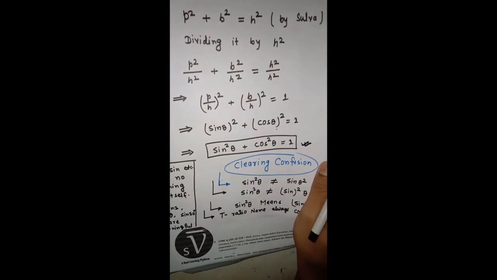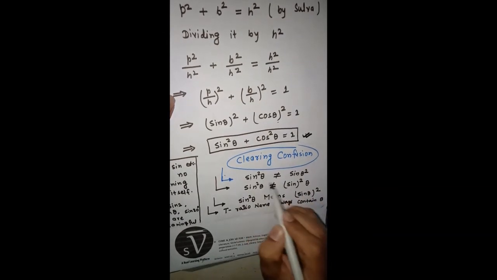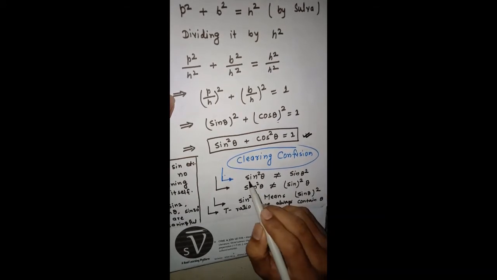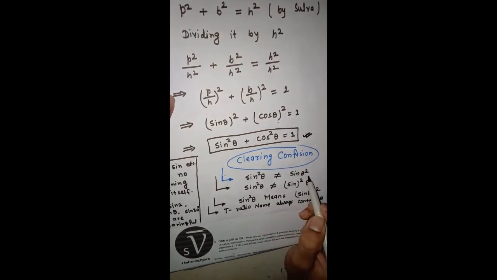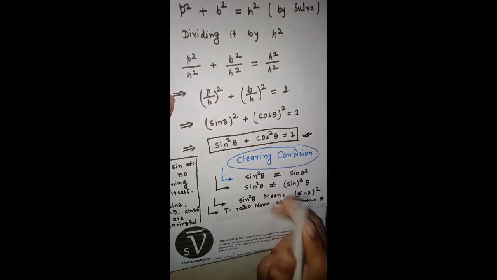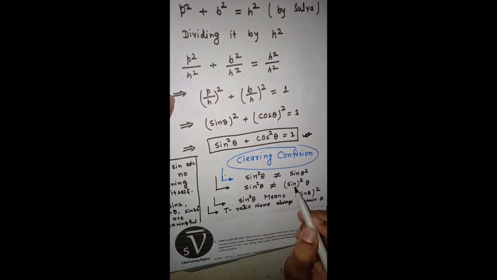Now I want to clear your confusion here. You may make a mistake. Sin square theta must not be taken as sin theta square. Both have different meaning. Here theta is squared. Here sin theta is squared. Are you getting my point? Similarly, sin square theta does not equal sin whole square theta.